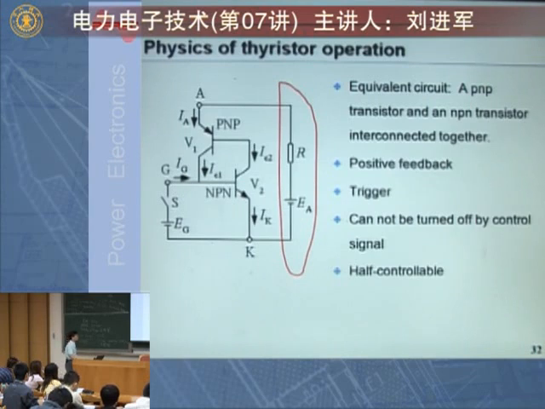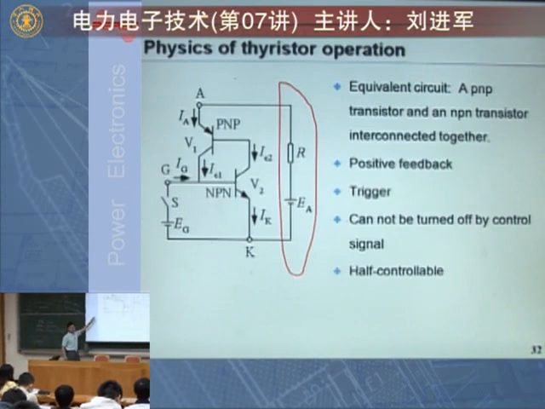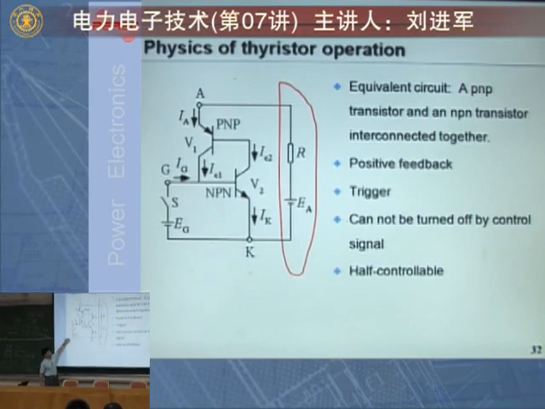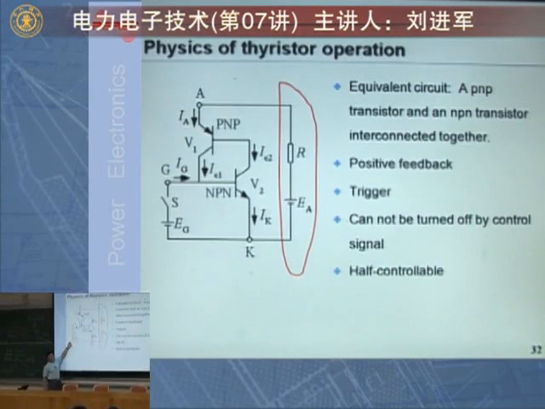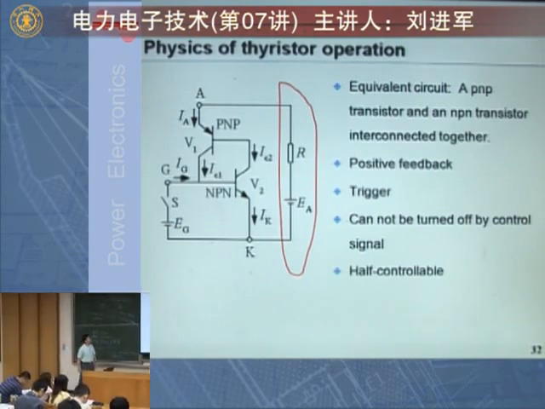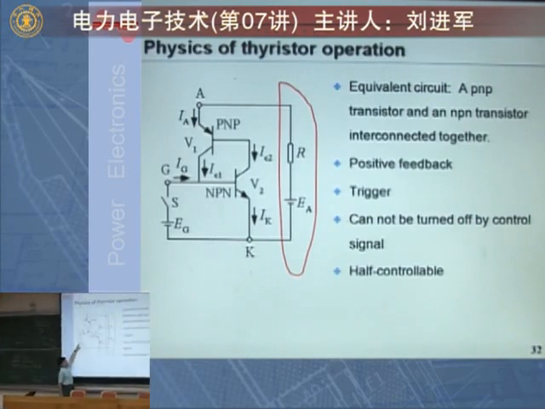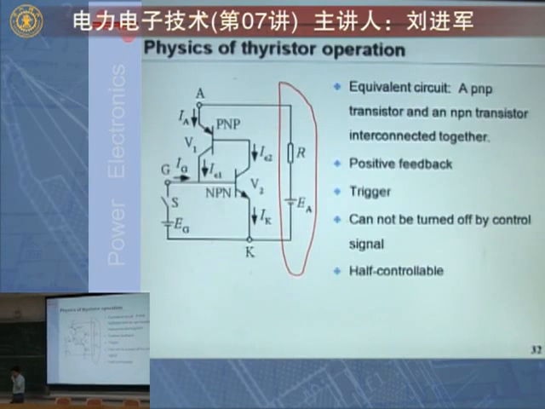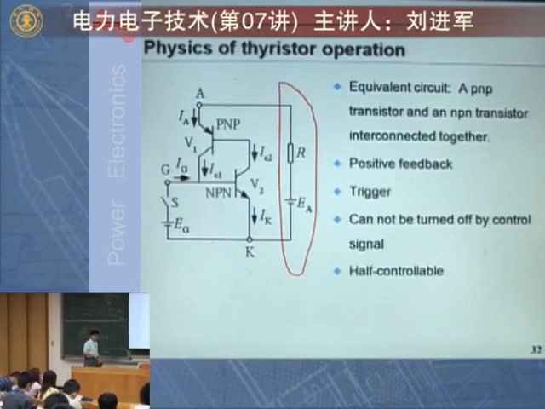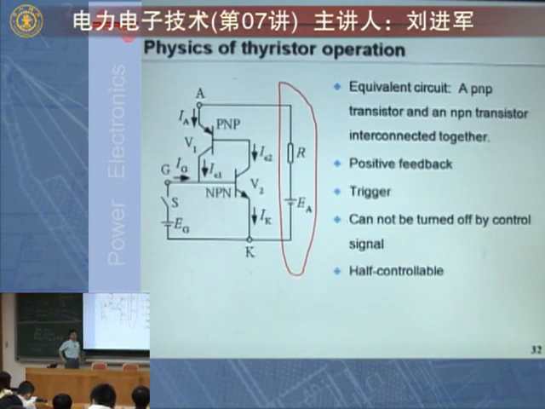And then, in order to control this thyristor, I also need to apply some control signal between terminal G and K. So I'm using another voltage source applying to terminal G and K. When the switch is open, there's no signal applied to G. Then what happens? Nothing would happen.